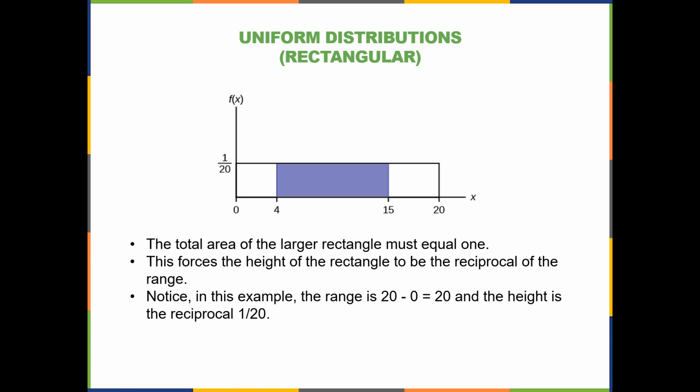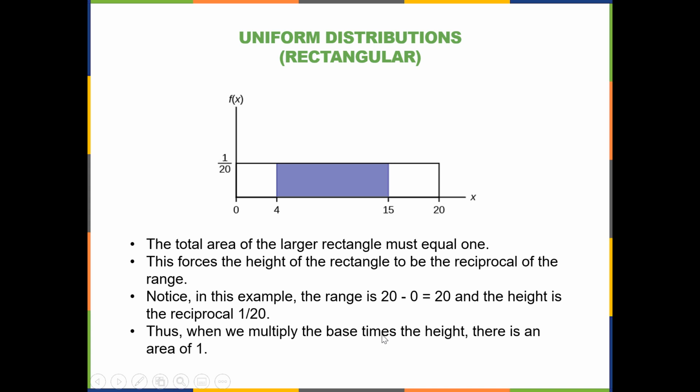So if base times height equals the area of a rectangle, and it does, then when I multiply this base of 20 times the height, I need to end up at 1 as a product. The only way to get 1 when multiplying something is to multiply it times its reciprocal. So the height has to be 1 over 20. When we multiply the base times the height, there is an area of 1 for this bigger rectangle.